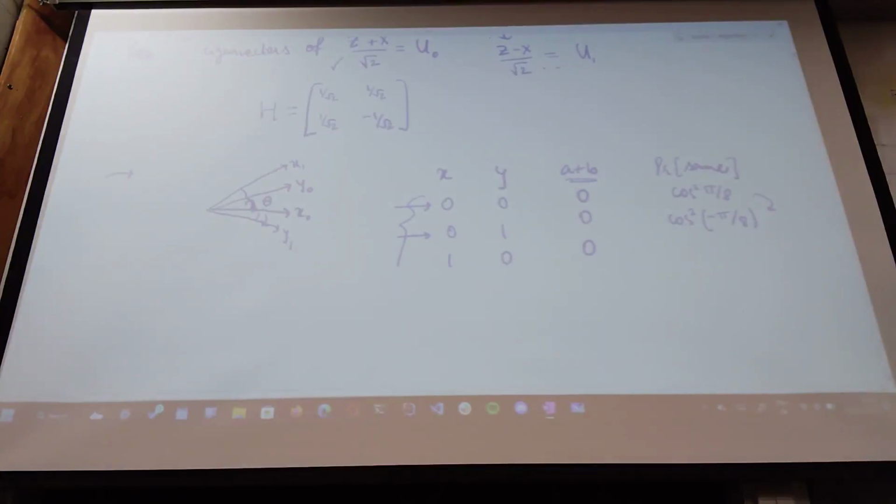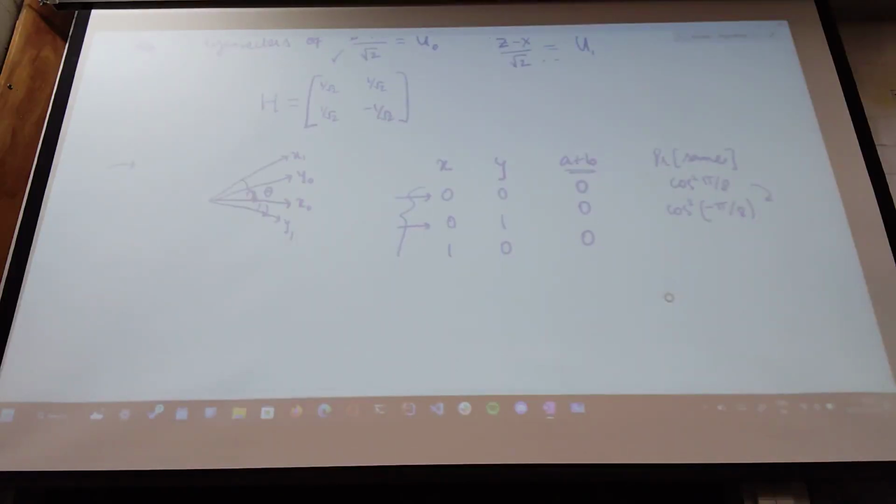And similarly, if you consider the angle between the outcomes x1 and y0, that is this angle here, which is also cosine squared of pi by 8. So in all three of these cases, the probability of Alice and Bob winning is cosine squared pi over 8.